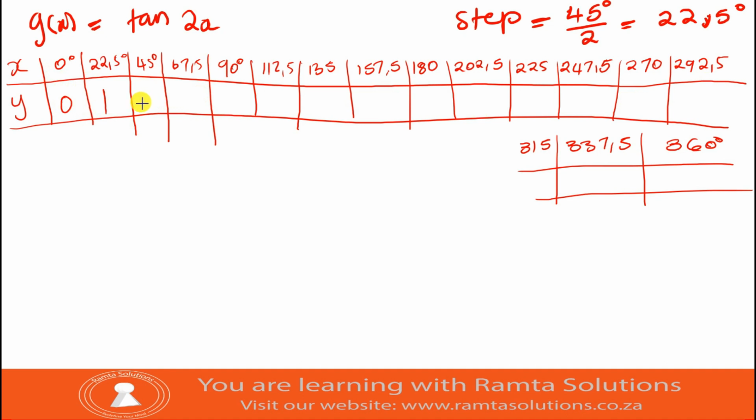At 45, we get undefined. Then minus 1, 0, 1, undefined, minus 1, 0, 1, undefined, minus 1, 0, 1, undefined, and minus 1, 0.